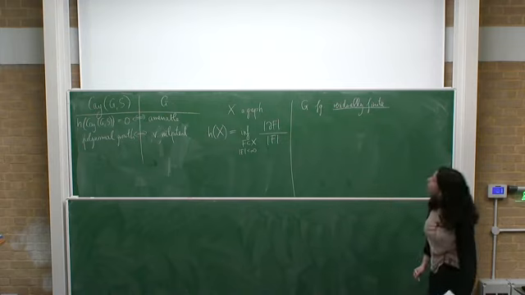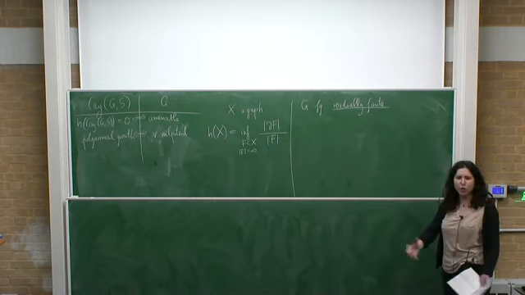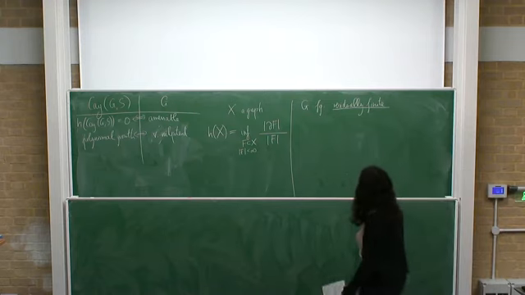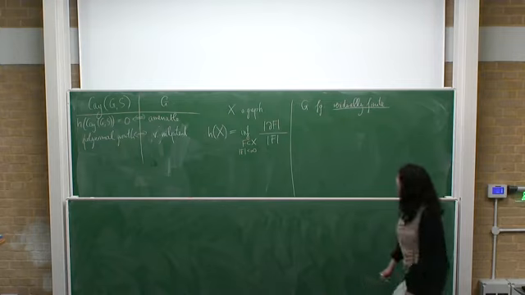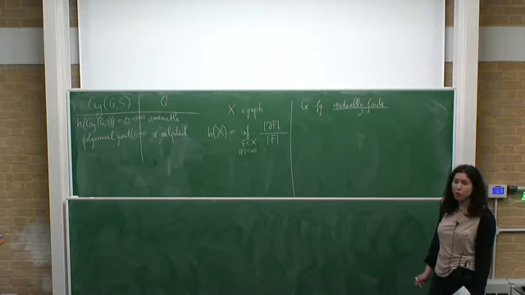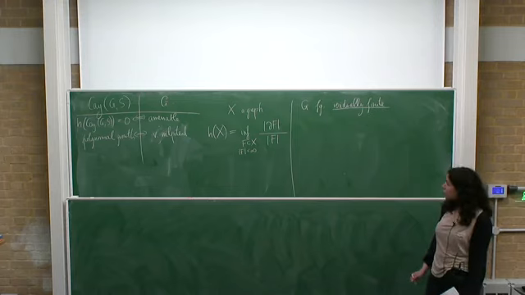Residually finite, if you recall, who doesn't know what residually finite means? Anyone? No, okay. Essentially you have a lot of finite quotients, in particular the intersection over all the normal subgroups of finite index is trivial.